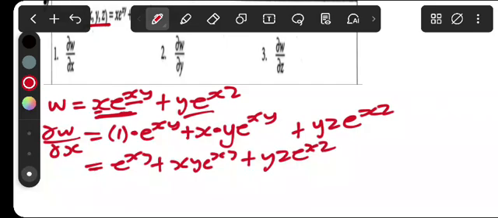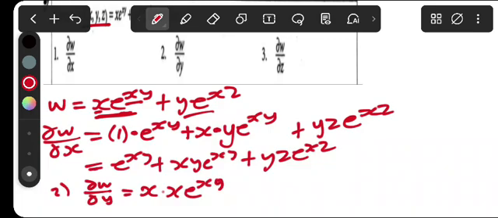All right, so number two, we're supposed to find the partial derivative of w with respect to y. So okay, y is only here. We will take x as a constant. We'll just write that x, then we'll multiply by x again. Then we'll have e raised to the power of xy like that. Remember, this is how we differentiate the exponential.